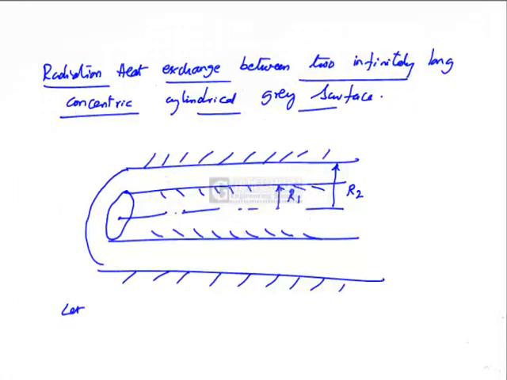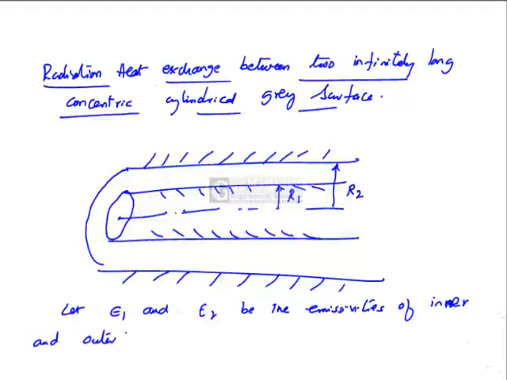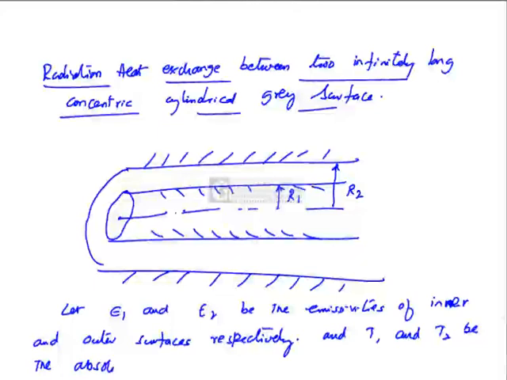Let epsilon 1 and epsilon 2 be the emissivities of inner and outer surfaces respectively, and T1 and T2 be the absolute temperatures of the surfaces in Kelvin.